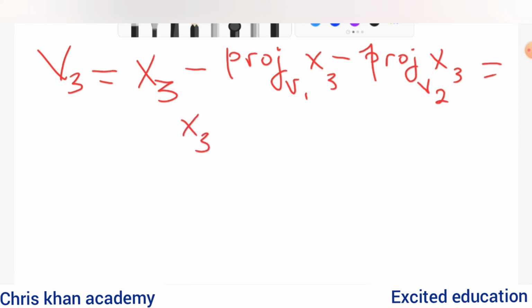So minus again x3 transpose v2 divided by v2 transpose v2, then times v2. This is the formula for calculating v3.